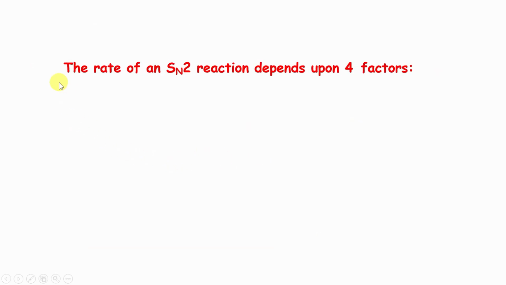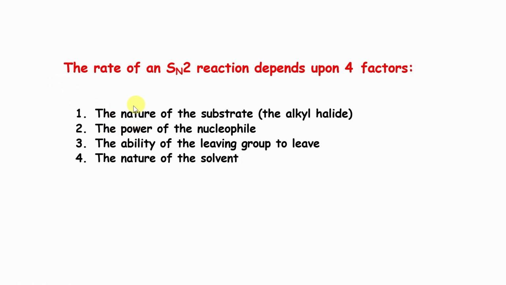Now let us consider the factors that influence the rate of SN2 reaction. The rate of an SN2 reaction depends upon 4 factors. They are the nature of the substrate, that means the bulkiness of the alkyl halide. Usually alkyl halides give SN2 reaction, and the nature of the alkyl halide affects the rate.